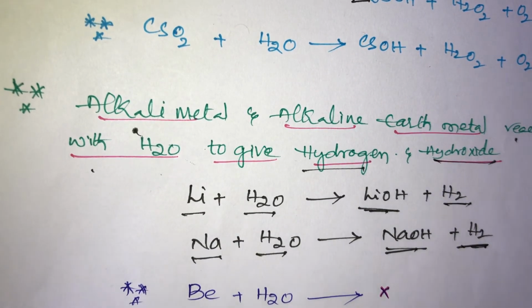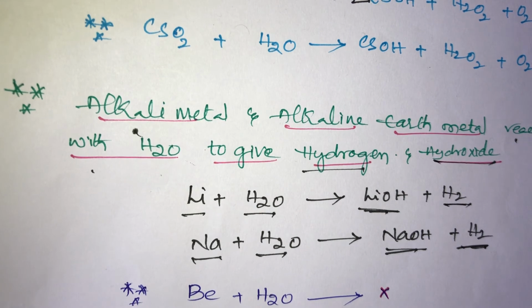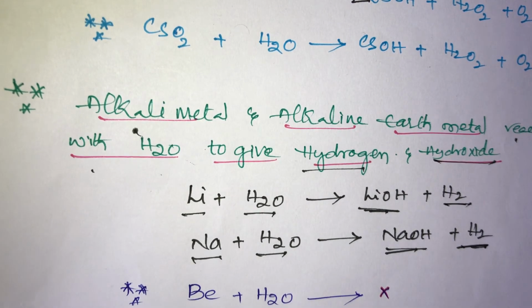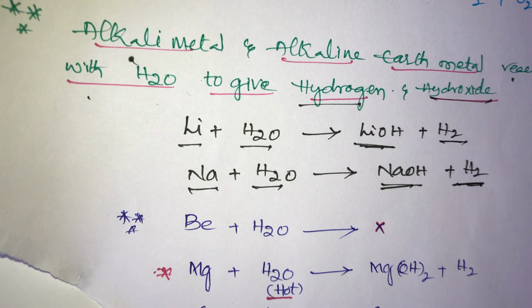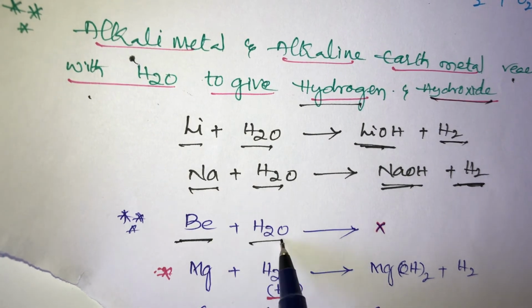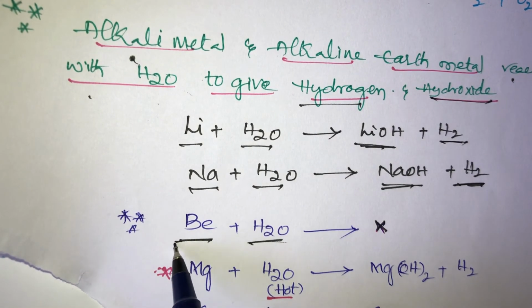All alkali metals and alkaline earth metals react with water to give hydrogen and hydroxide. For example, lithium, sodium, potassium, rubidium, cesium. All alkali metals react with water to form alkali metal hydroxides and hydrogen gas. It is very important, students.